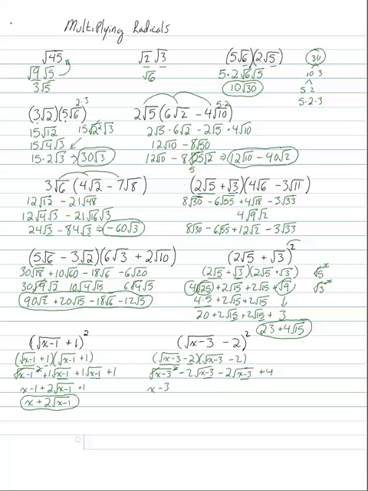So minus 2 square roots of x minus 3 and minus 2 square roots of x minus 3 would be minus 4 square roots of x minus 3 plus 4. And I still have like terms. My minus 3 and my plus 4 would simplify to a plus 1. So x plus 1 minus 4 square roots of x minus 3. And that is it. We are going to use this a lot in future videos on rationalizing and solving.